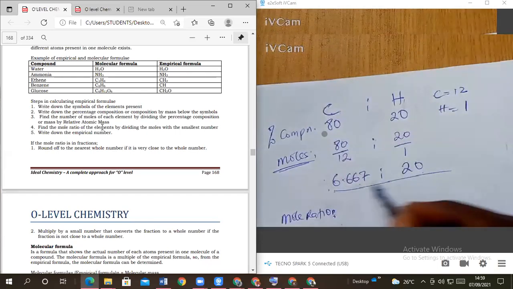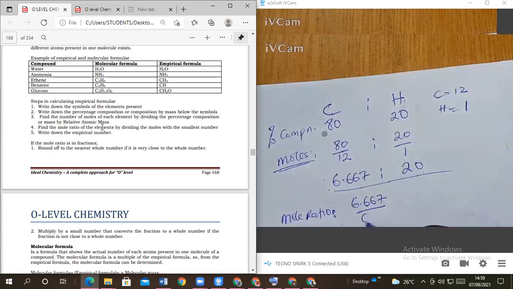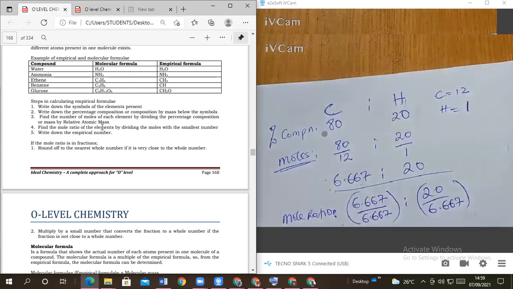We divide by the smallest number we are seeing here. It becomes 6.667 divided by 6.667, and then 20 divided by 6.667. If you divide this, it comes to 1.